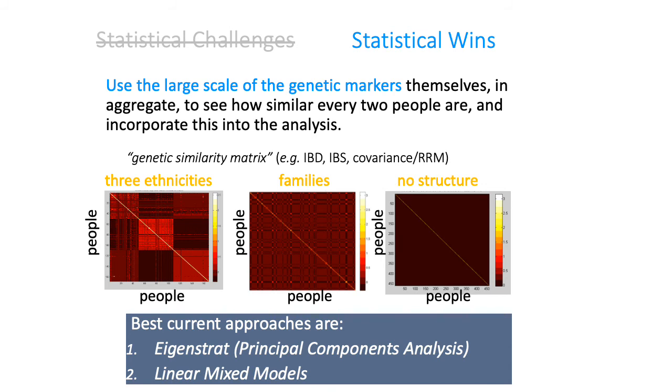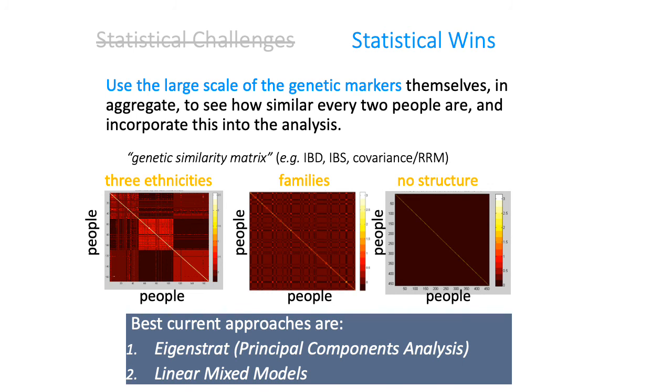On the other hand, if you have a lot of nuclear families in your cohort, but your cohort is of the same ethnicity, then the heat map you might get would look like the one in the middle, where by and large the most prominent feature is a diagonal. But if you zoomed in on the actual heat map, you'd see small, more prominent squares on the diagonal, and each prominent square would typically correspond to a nuclear family.